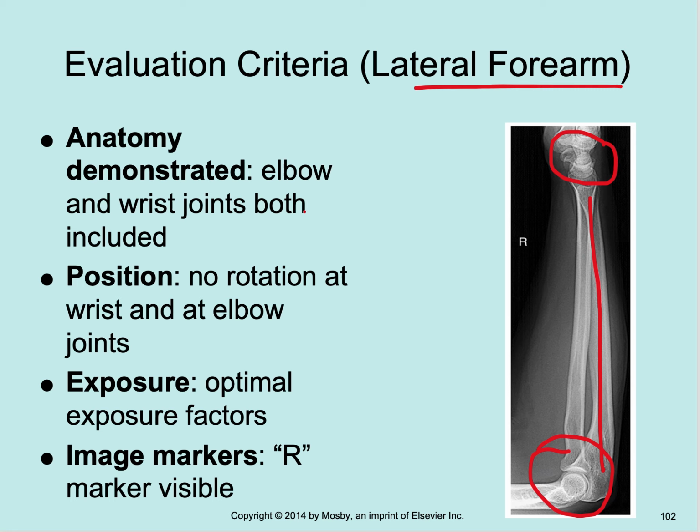You don't want rotation at the wrist, at the elbow. So you want the proper position for the image that you're imaging. Your exposure, you want your optimal exposure factors, and then you want the proper marker visible. So you're using the correct anatomic marker. If this is a right forearm, you want to use the right marker.